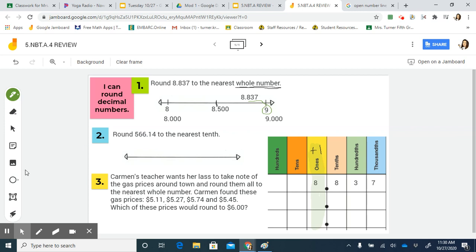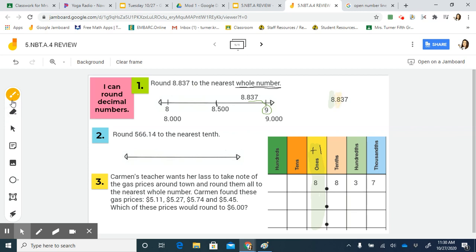Now, another way to do this is to take our number. I should always check with a second strategy. I can take my number and identify which place value I'm trying to round to, so that's the ones place value. Then I look to the right of that ones place value and I see an 8.